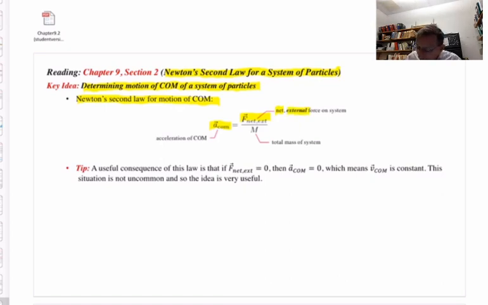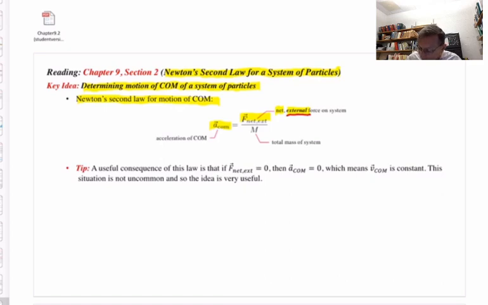Forces on this system of particles from the outside, not internal forces from one particle inside the system pushing or pulling on another particle inside the system, but only external forces acting on the system. And you add up the total of all those external forces, vector addition, and you get F net external. That's what goes in the numerator on the right-hand side.